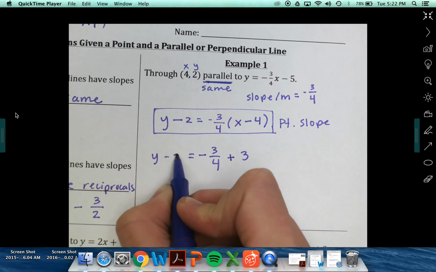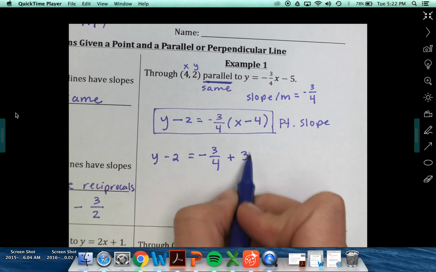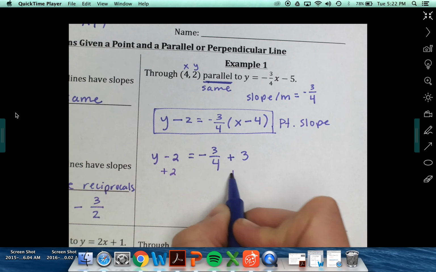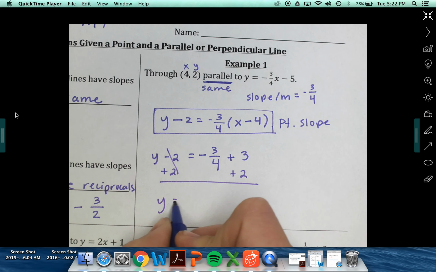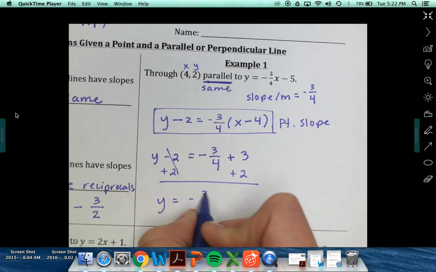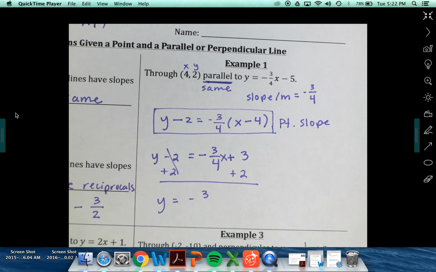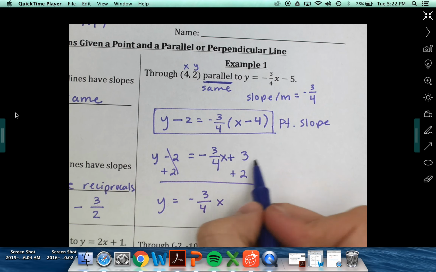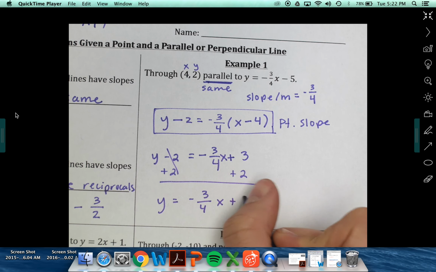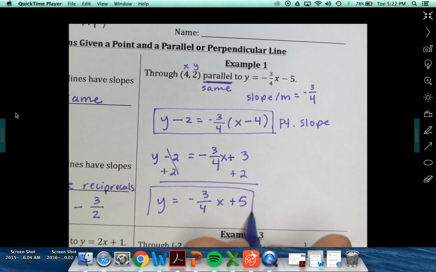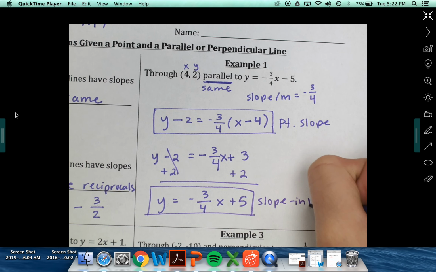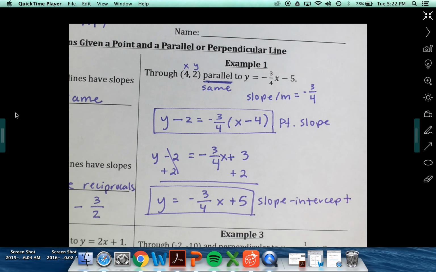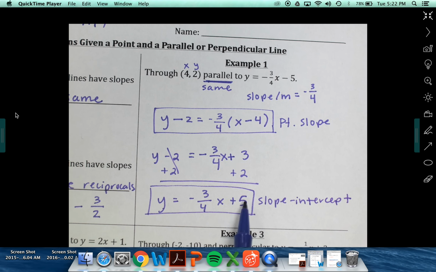Bring down the y minus 2. I'll move this negative 2 over by adding it. And I get y equals, whoops, I forgot my x here, negative 3/4 x. Okay, 3 plus 2 is 5. This is my slope-intercept form. y equals mx plus b.